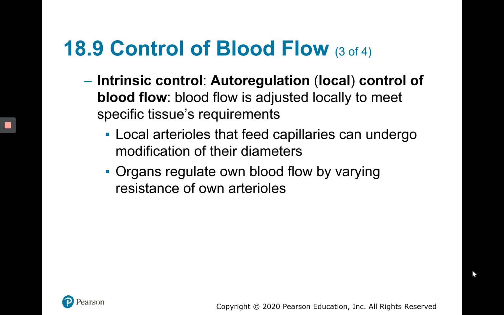And the difference between extrinsic and intrinsic control, because you're probably thinking they sound very similar, is just what is controlling arteriolar diameter. Is it outside forces? Is it hormones released from endocrine glands or the nervous system? Or is it a response of muscle to chemicals that are in the area of the tissue? So it just depends what is controlling the regulation of arteriolar diameter.